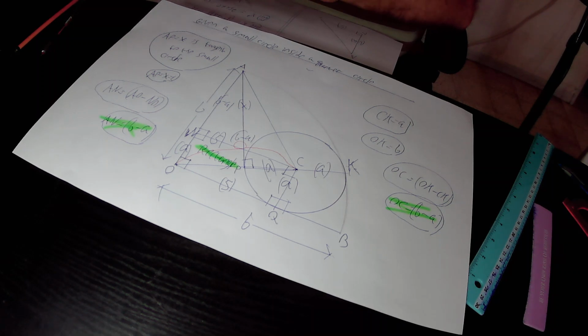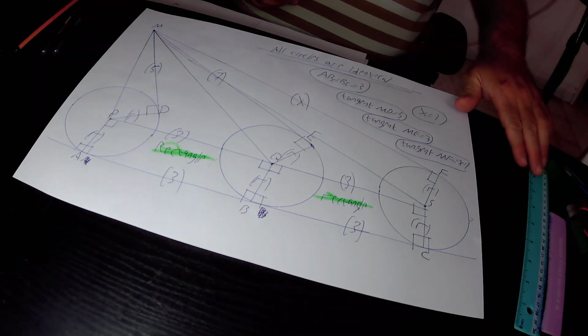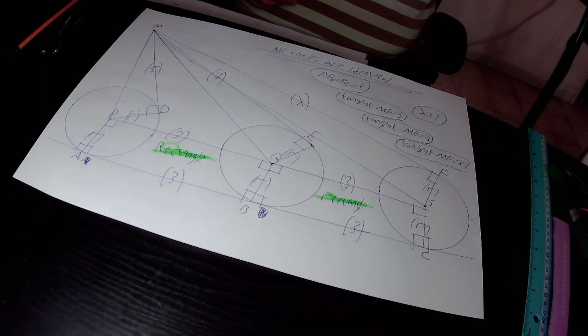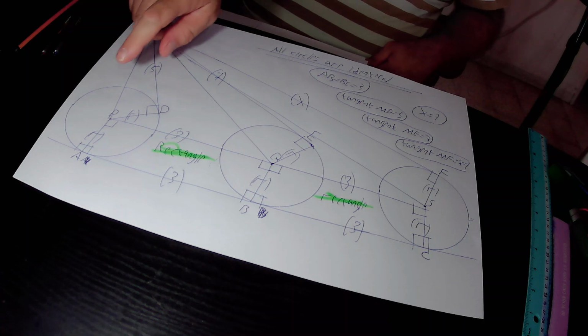We'll start with the first question, of course. In the first question, our mission was to find the length of this tangent MF that is equal to X. So we have to find the value of X. In the drawing, we have 3 identical circles, and we also have the big tangent ABC.